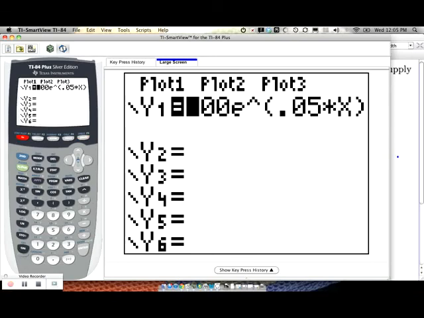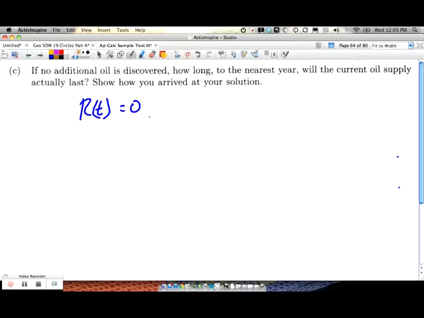So with the graph, we're not getting a lot of information. It's because we don't know what r equals. So we kind of have to do it in terms of r. So let's see what we have. If we have r of t equals 200r times e to the 0.05t, we want to figure out when that equals 0. 0 equals 200r e to the 0.05t.